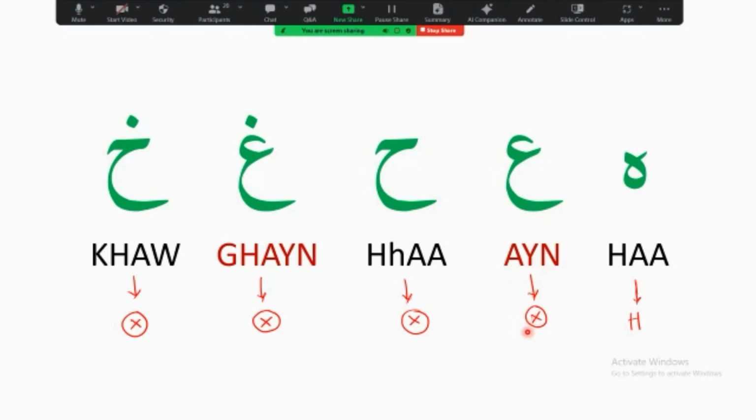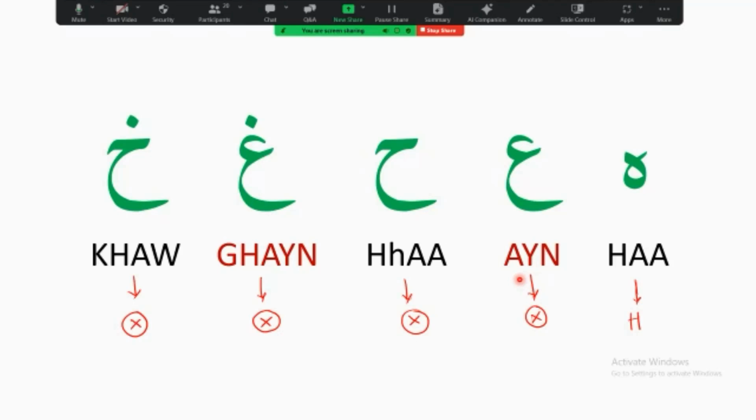That is why I've marked it with a cross here, that this is not the exact way to write it, but still, I have written it like this just so that you get a little idea of what the sound is a bit similar to.